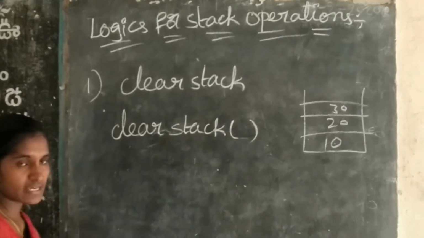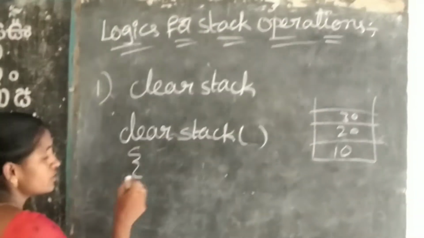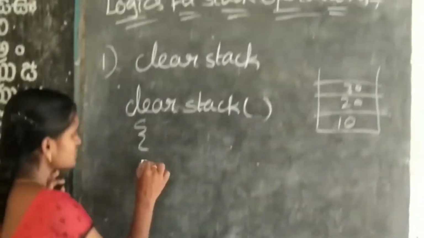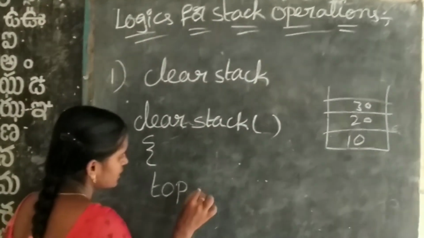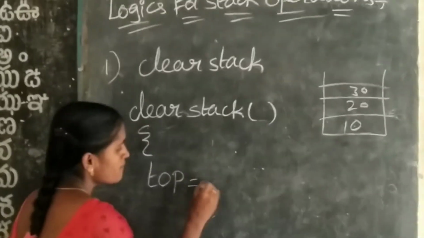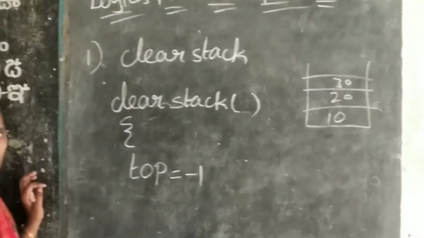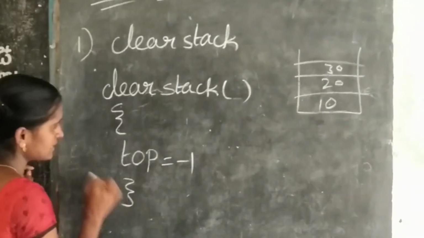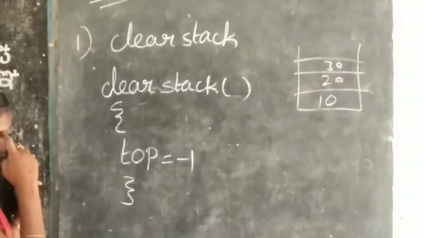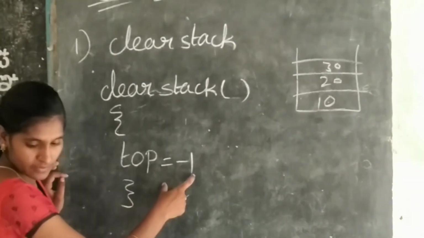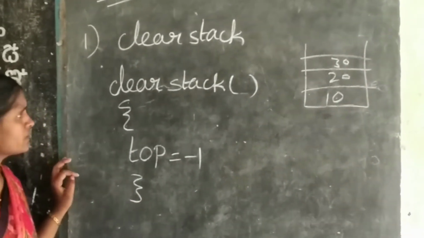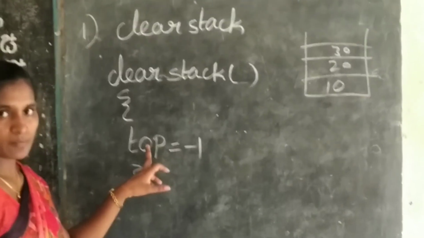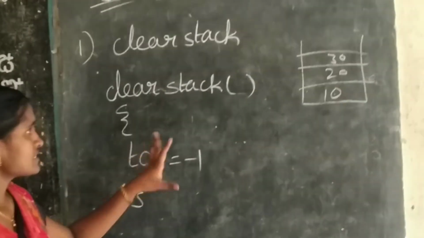In the clear stack method, we take curly braces, and initially we set stack top equal to -1. The clear stack takes top equal to -1, and with this we can perform the clear stack. This operation can be performed on the stack. The stack is clear.